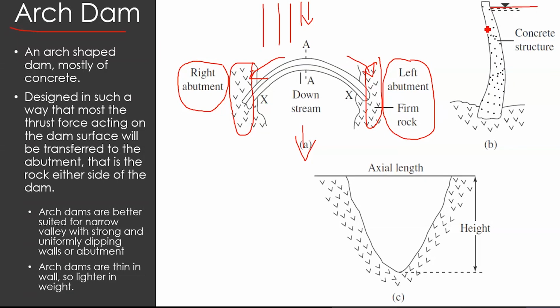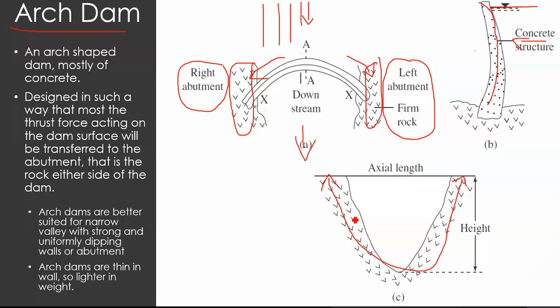Here is the water level, and this is how the dam is designed. So this is the upstream direction, where water flows, and this is the downstream direction. And this is again a cross-sectional view of the dam, where the rock on the sides of the valley is solid, compact and strong, and the valley is narrow.